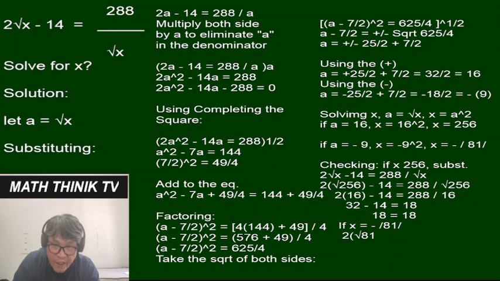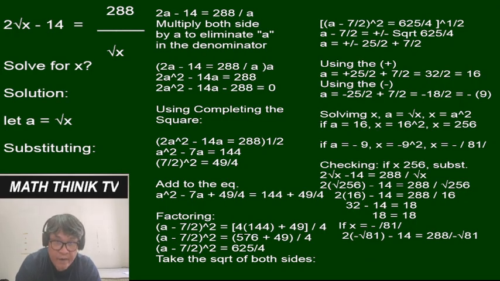You put the negative sign outside like that. Okay? Negative square root of 81 minus 14 is equal to 288 over negative square root of 81. Right?